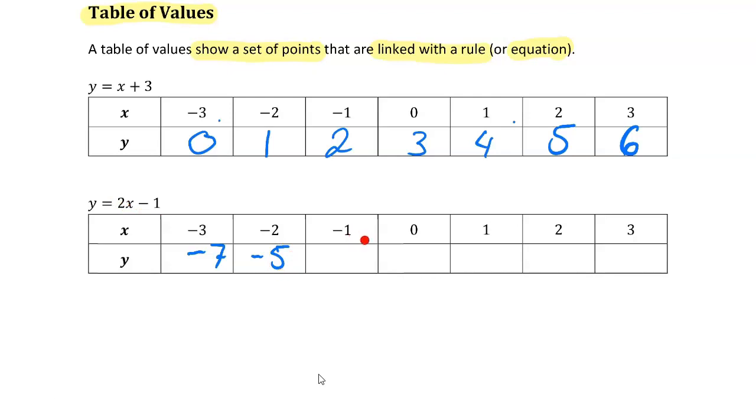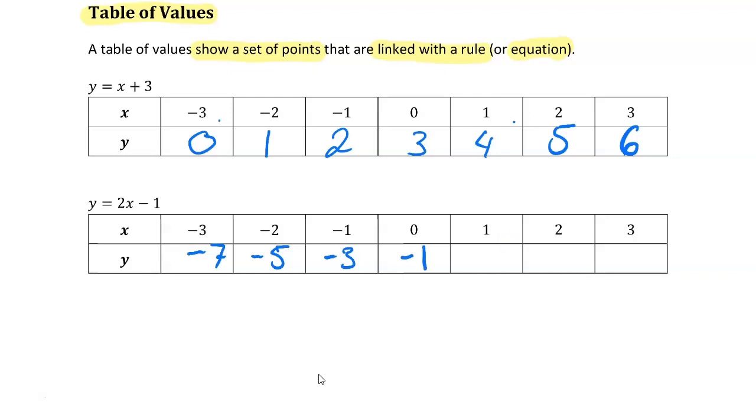So x equals -1. y equals 2 times -1, so that's -2, minus 1 is -3. So x equals 0, so y equals 2 times 0, so that's 0. So y equals 0 minus 1, -1.